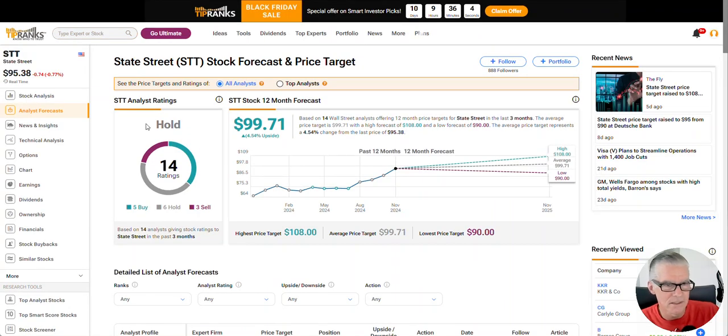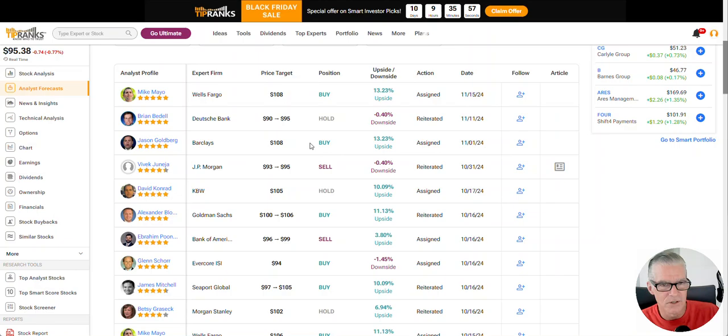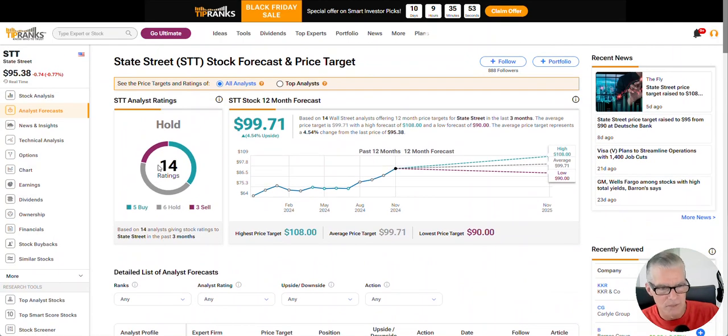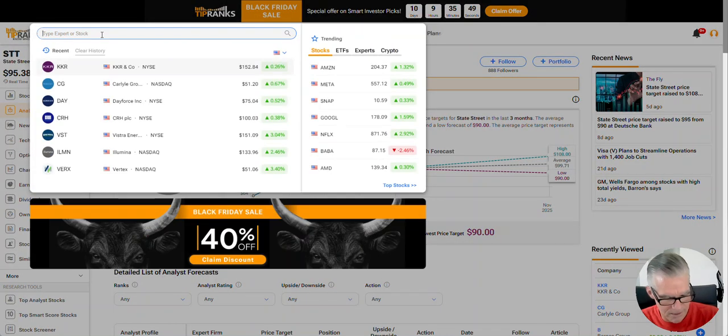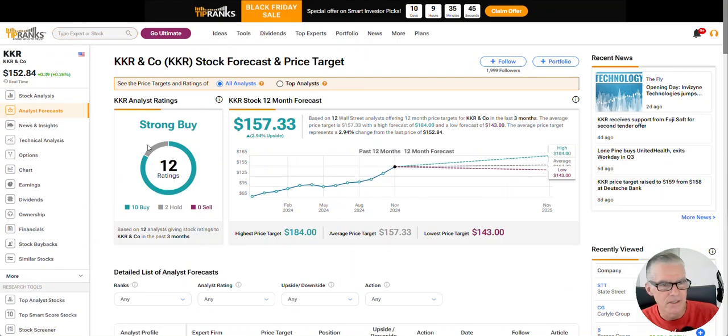You want to look at what is the overall analyst rating, and you scroll down and you're looking for 5-star analysts. There are a few in here that have some buys, but overall not looking real good, right? It is a hold with 14 ratings. But then you look at KKR, and there it is, a strong buy on 12 ratings. So you also can see their EPS is in a very strong growth phase.